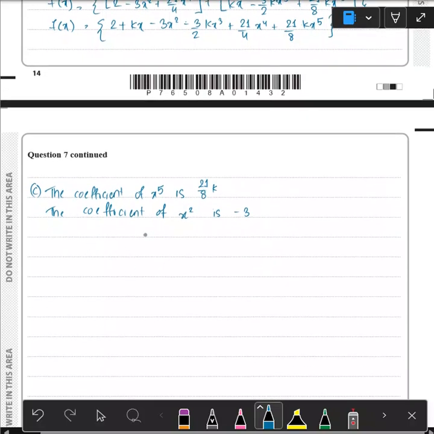So they have said that given the coefficient of x to the power 5 is 14 times the coefficient of x to the power 2.